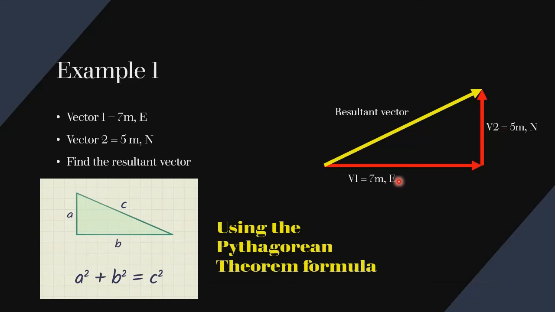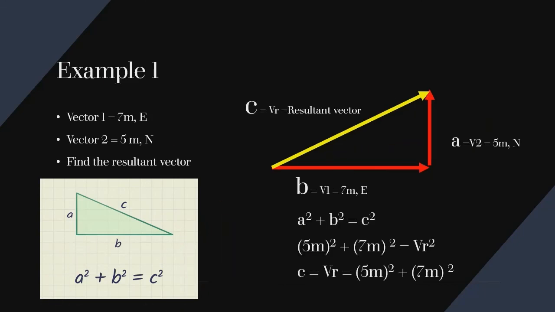So how much is the dimension of that one? Here we will be using the Pythagorean theorem. Again, our A is vector 2, and our B is vector 1, and our C is VR, or the resultant vector.